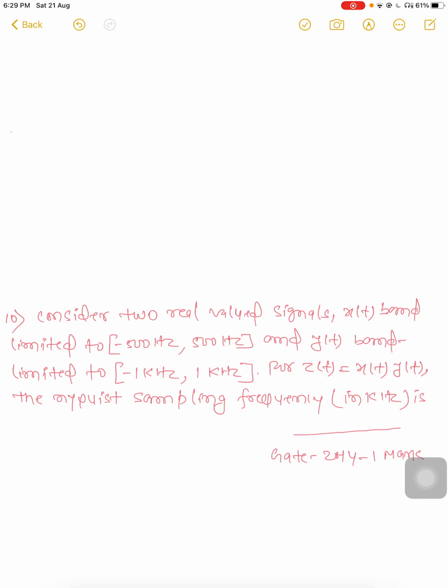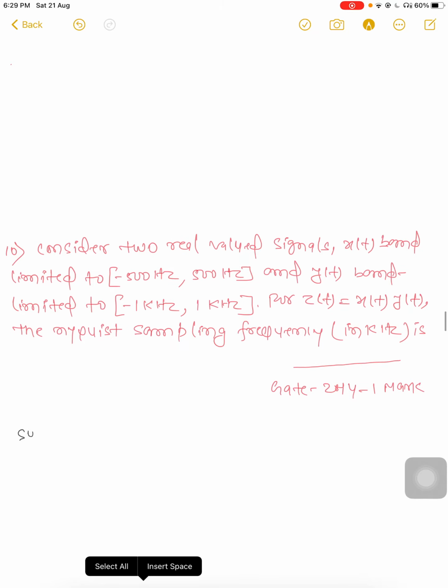Consider two real valued signals: x(t) band limited to minus 500 to 500 Hz and y(t) band limited to minus 1 kHz to 1 kHz. For z(t) equal to x(t) y(t), what is the Nyquist sampling frequency in Hz? Multiplication in the time domain is convolution in the frequency domain.